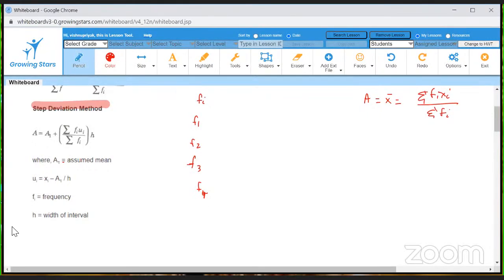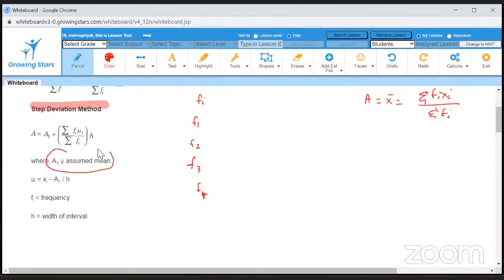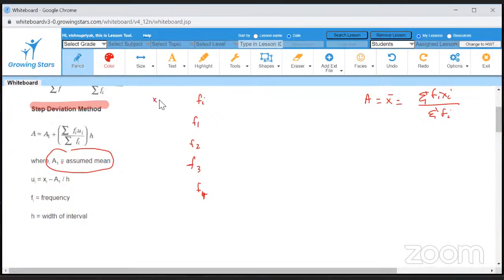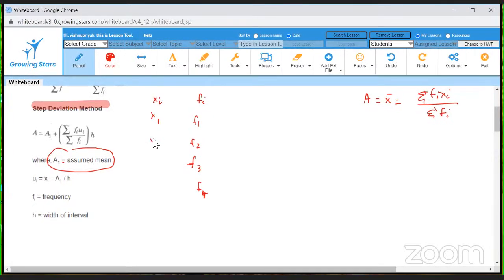You will assume a mean. You will only think about a mean. Without calculating, just the center value, you will think A as the mean. Now, you have class marks X1, X2, X3, X4. You have frequencies. You will first find Ui's.